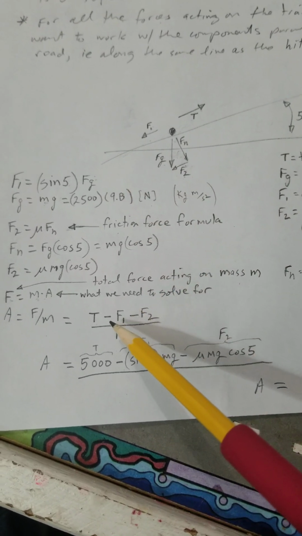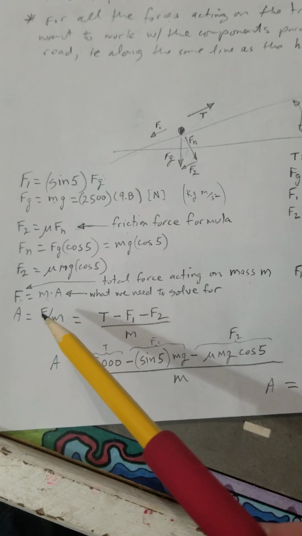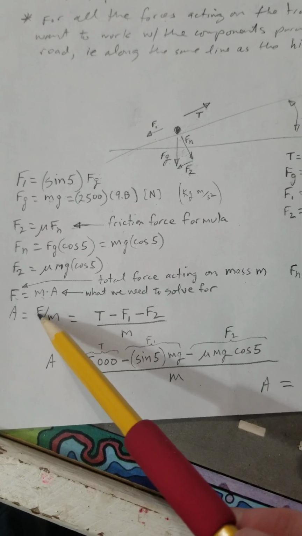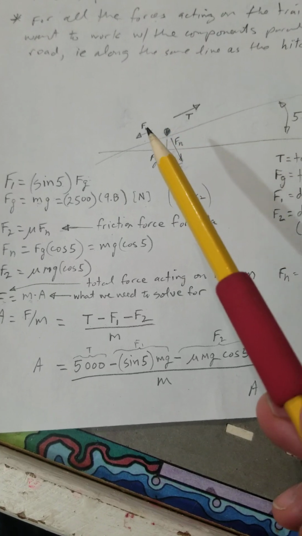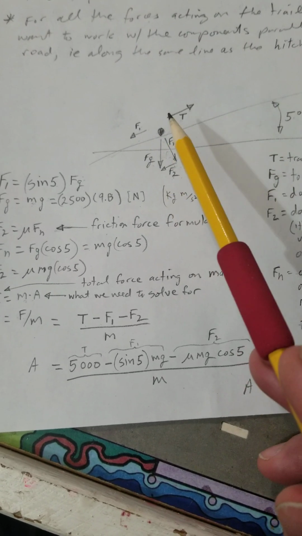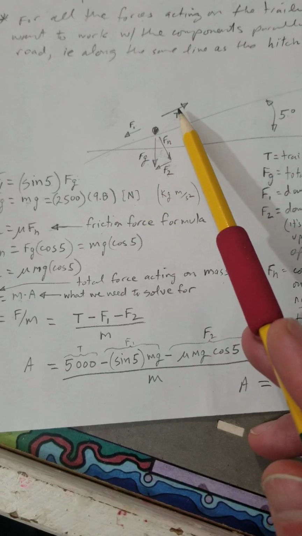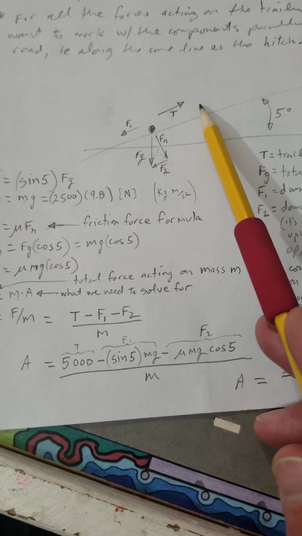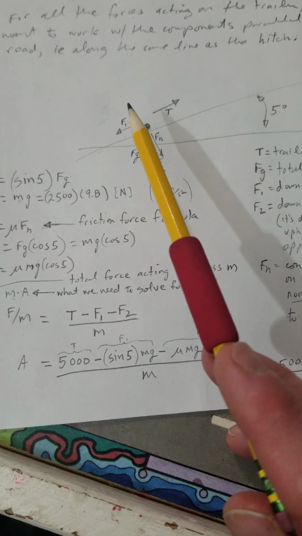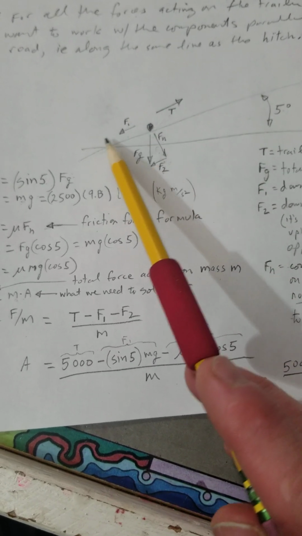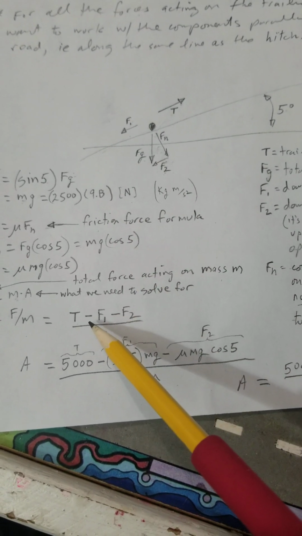Why did I say minus F1 minus F2 when I said it was the sum of all the forces? Shouldn't I add all these up? Well, I really am, but the way I drew this here, F1 is going the opposite direction of this tension. So when I add F1, I'm actually adding the negative of F1.